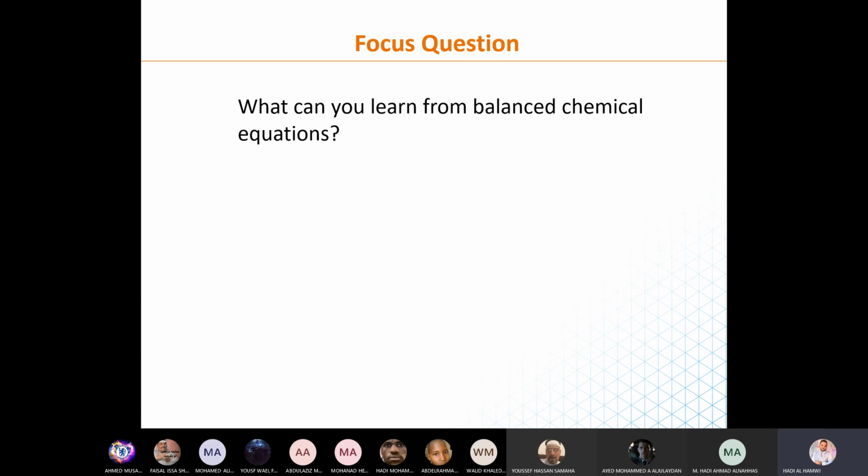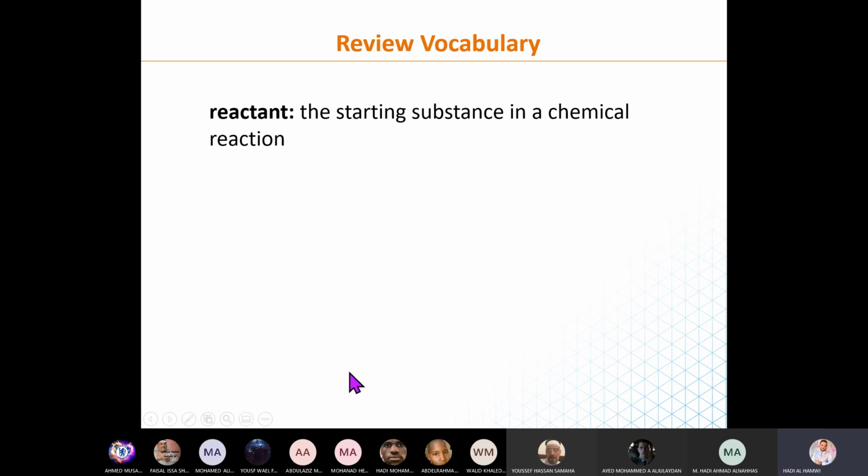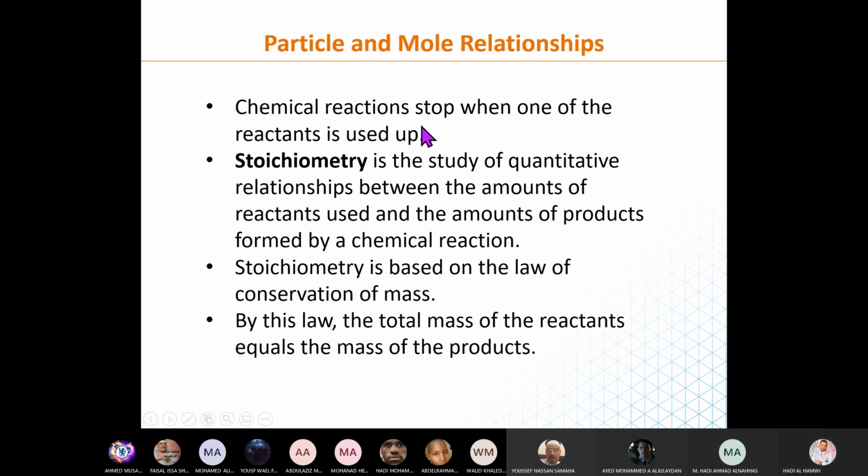We said that we should balance the chemical equation before we write the relations between the products and the reactants. The review of vocabulary: the reactant is the starting substance in a chemical reaction. So the reactant is the substance that we start with, and the product is the substance that is formed at the end of the reaction.